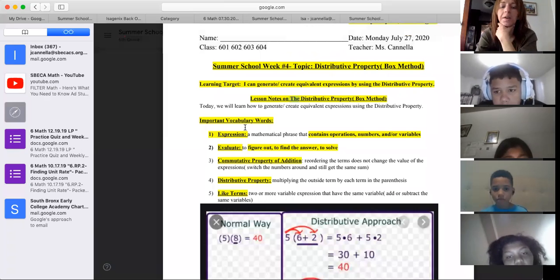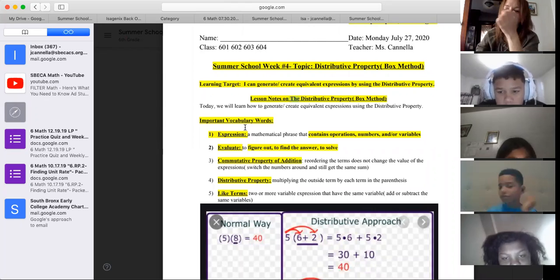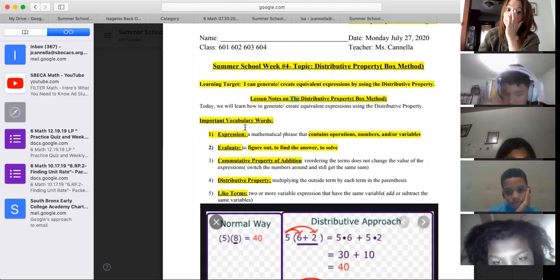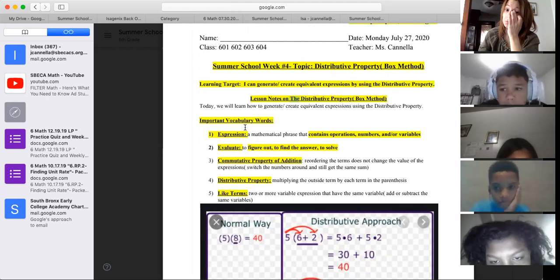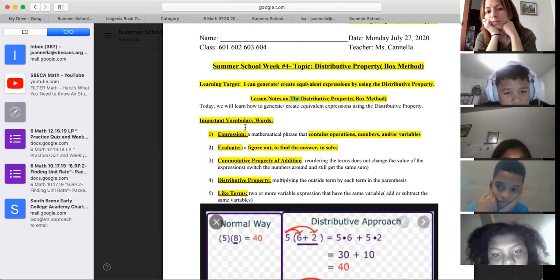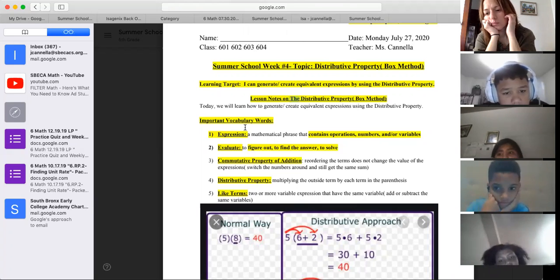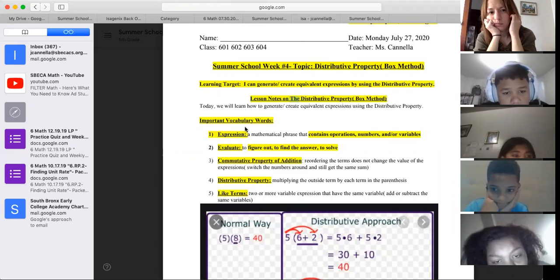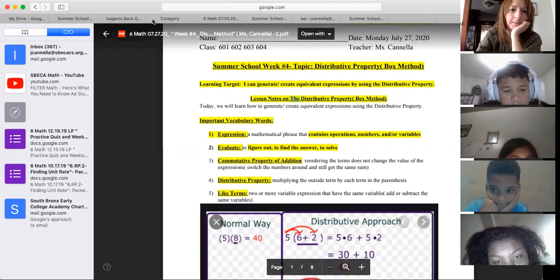All right, number 1, expression. Go ahead. Important vocabulary words. Expression, a mathematic phrase that contains operations, numbers, and or variables. 2. Equivalent. Evaluate.